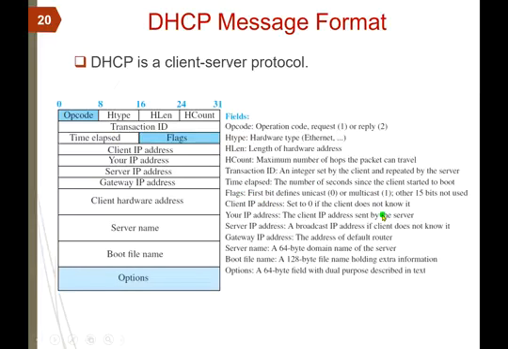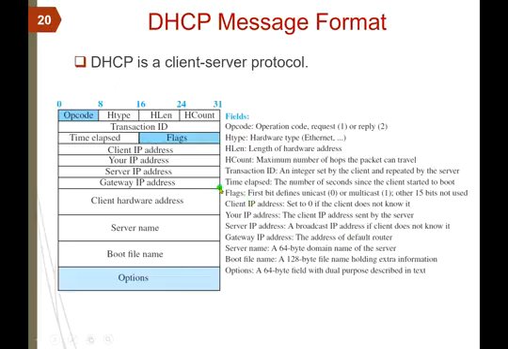When you start your computer and it needs an IP address, it will send a request, and in that request it will tell how many seconds this computer started, so that the server will know if this request has been waiting for a long time.